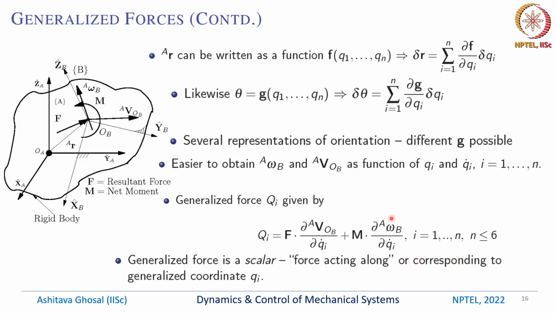So what is the corresponding force which is along that Qi direction, roughly speaking? This Qi could be both force and or a moment, depending on what this small Qi is. If this small Qi is a displacement like x, y, z, then this capital Qi would be a force. Whereas if this small Qi is a rotation, then capital Qi will be a moment.